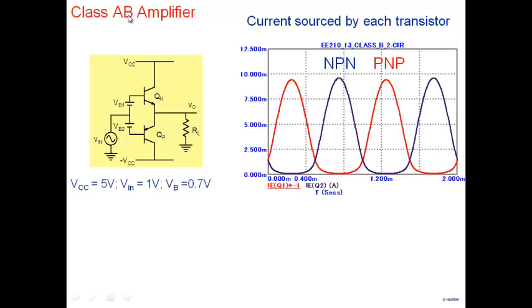Class B means there should have been no overlap between the NPN current and the PNP current: the NPN conducts only in the positive cycle and the PNP only in the negative cycle. So when the NPN current stops, then the PNP current starts. Here you can clearly see that there is an overlap. This is the zero part here, zero current here. There's an overlap between the NPN and the PNP current, so there's a time when both the transistors are on. And this is a characteristic of a class AB amplifier. It's conducting for more than the half cycle.